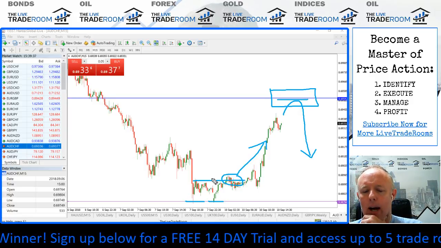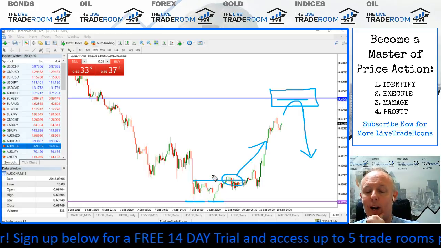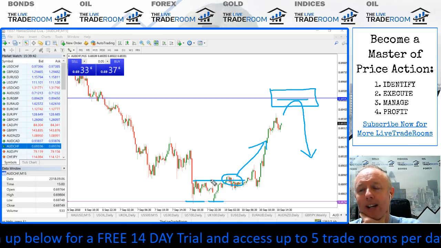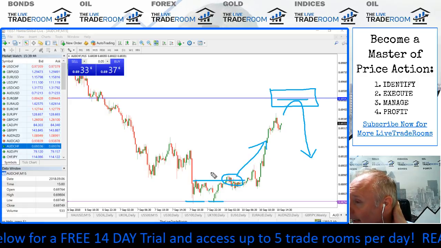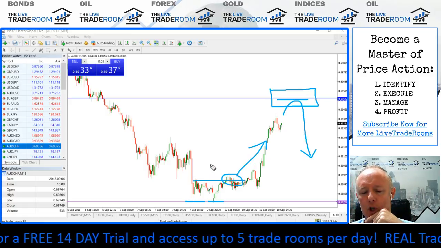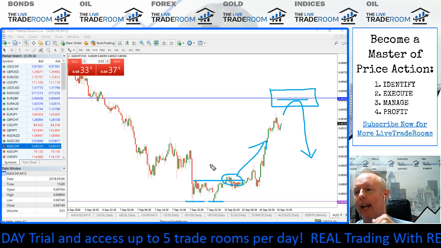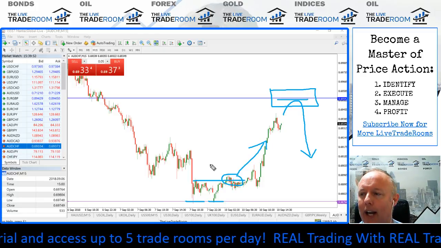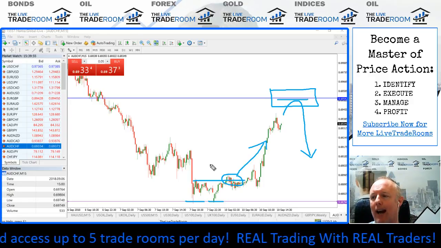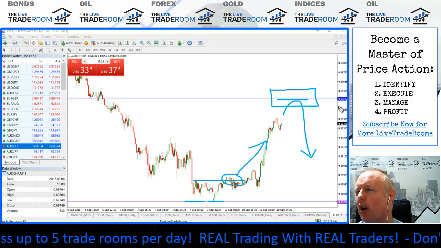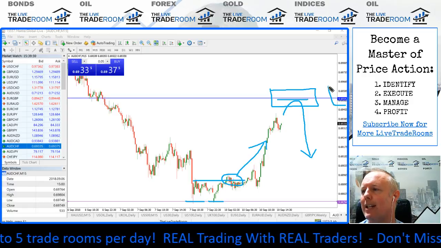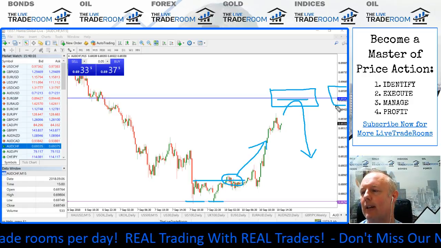The problem is, I don't know what type of trade you're looking for, Lewis. Are you looking to buy it or are you looking to sell it? You're right to bring it up. The problem is, if you're looking to buy this market, it's a counter trend trade. Plus we've got some really strong levels of resistance just above these prices.